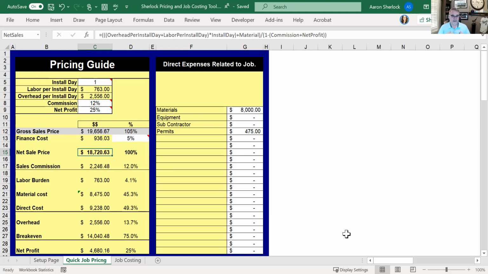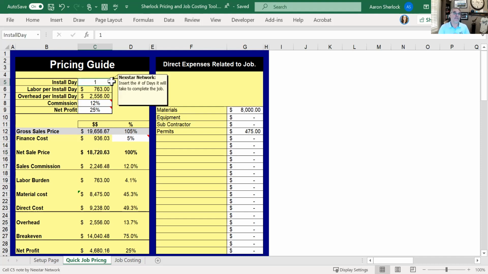So the first thing a salesman is going to have to understand is how many days this is going to take. Right, so the number of days, plus I have to understand the cost of the equipment and the parts. The number of days would change by going up into number 5 and up to 5 days if it's a 5-day cut-in.